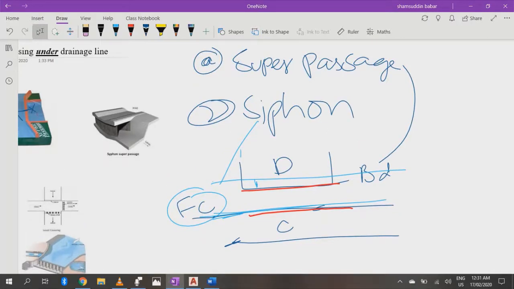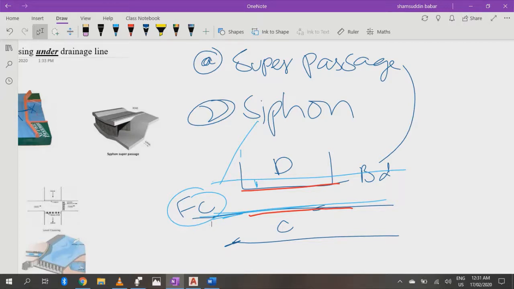What is a trough? A trough is a V-shaped cross-sectional structure above which water passes, just like an open pipe. Whenever a super passage is provided for a drainage line to pass the water, it does not require any extra safety, because drainage water is a lot less than the canal.